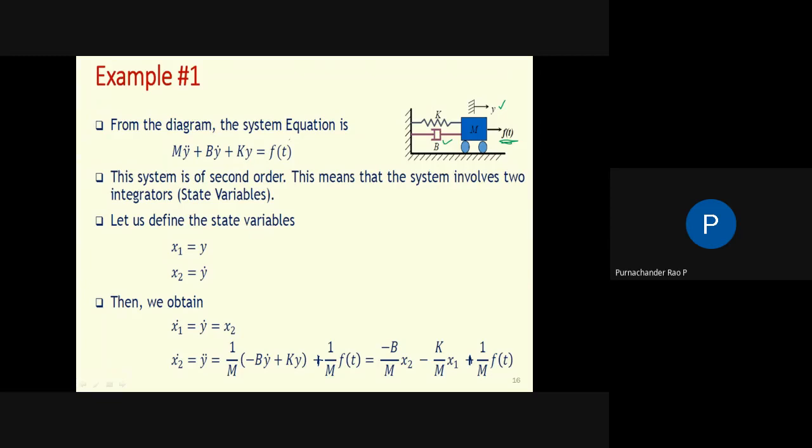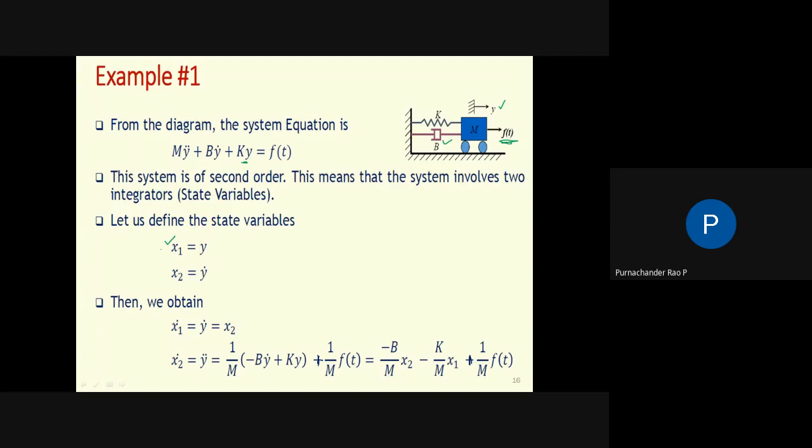So this is a differential equation of the second order form. For this differential equation, one state variable is x1. X1 is equal to y, and another is x2 is equal to y dash.